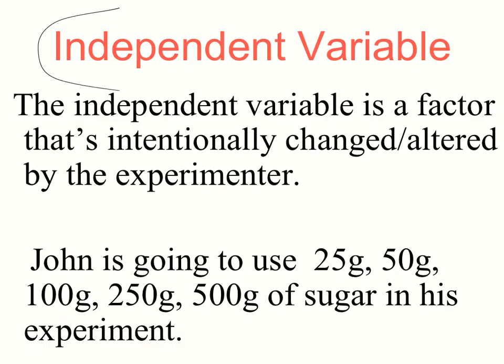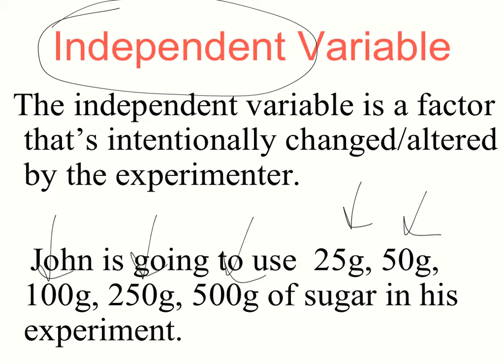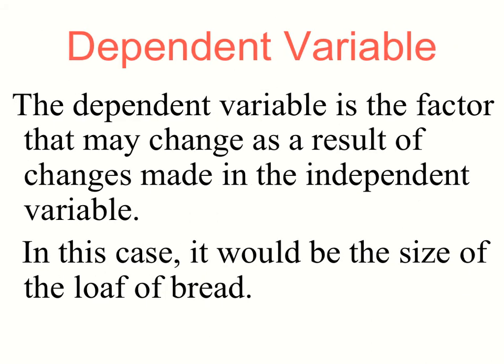So again, to recap, independent variable is what we control. In this case, it's going to be the sugar. He's going to put different amounts of sugar in different loaves of bread. As you know then from previous classes, the dependent variable is what actually changes as a result of changing the independent variable. All right, so in this case, it would be how big that loaf of bread is.